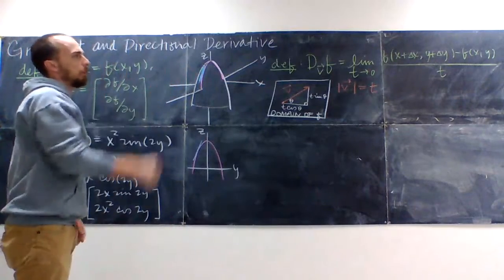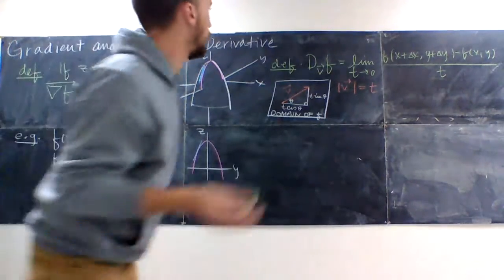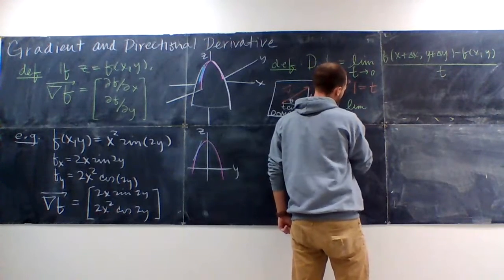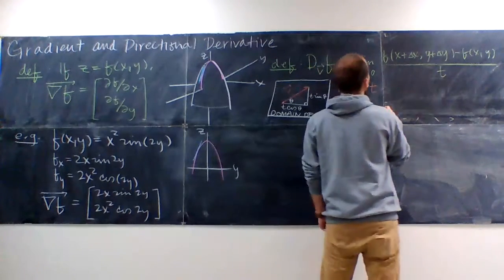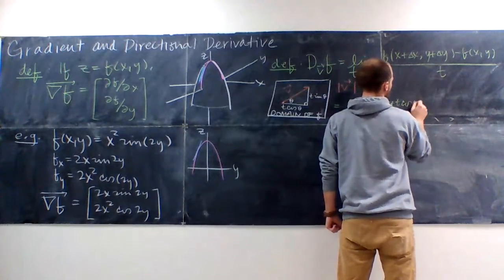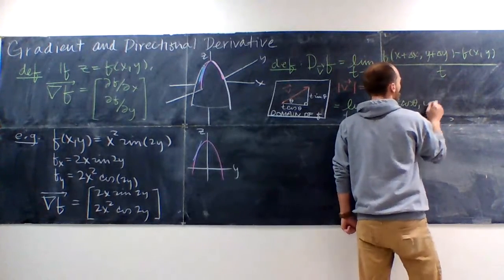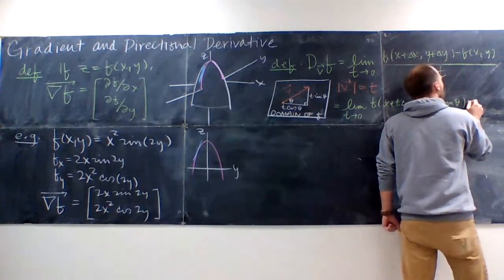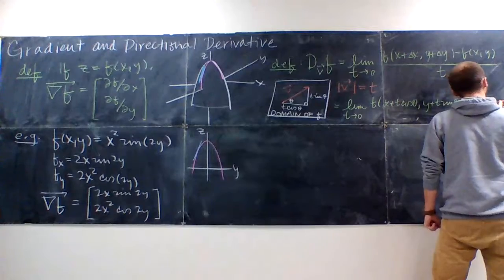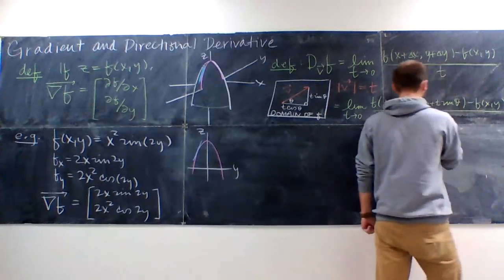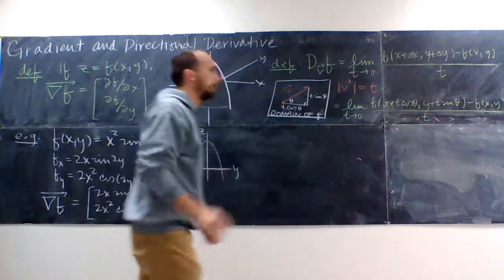So over here, what I'm really interested in is the limit as t goes to 0 of f of x plus t cosine theta and y plus t sine theta, minus f of x and y, all divided by t, as t goes towards 0.